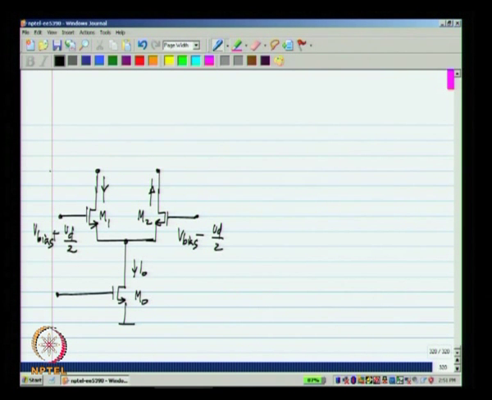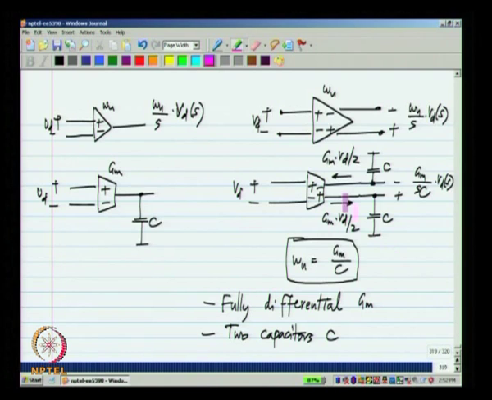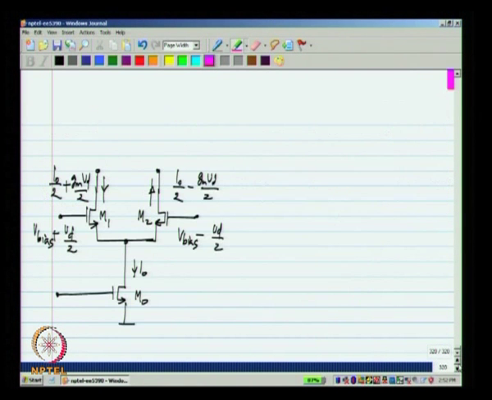So, here we get a total current of I naught by 2 plus G m V d by 2, and here it is I naught by 2 minus G m V d by 2. Okay. Now, this is exactly of the form that we require here, except that there is also the bias current I naught by 2.